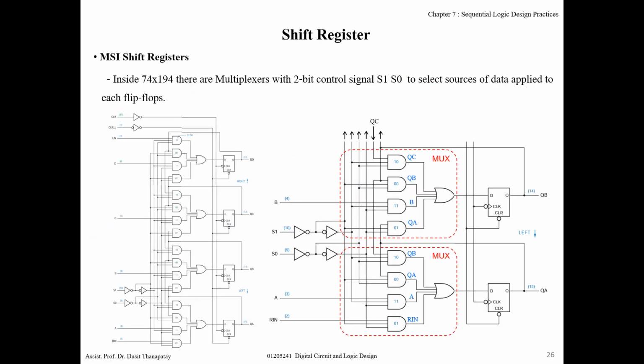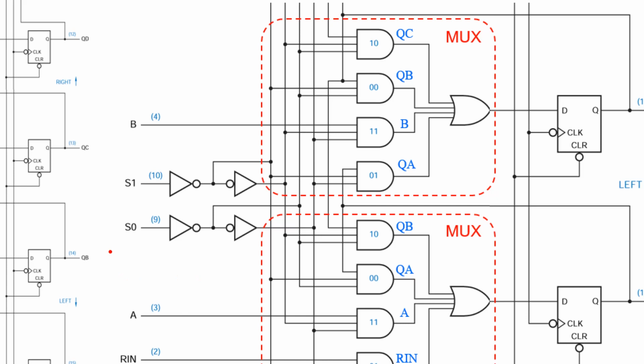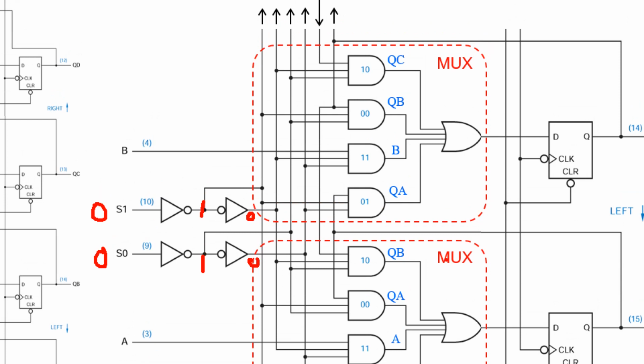Now, the internal circuit actually uses a multiplexer to select the input to update the internal D flip-flop. For example, if you apply S0, S1 as 0 0, then this one becomes 1 1 here and 0 0 here. So for 0 0 it is 1 here, and 1 here.